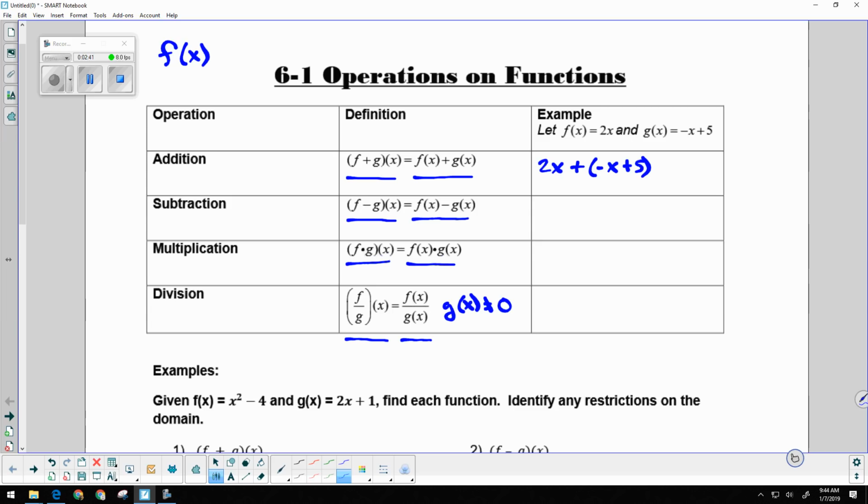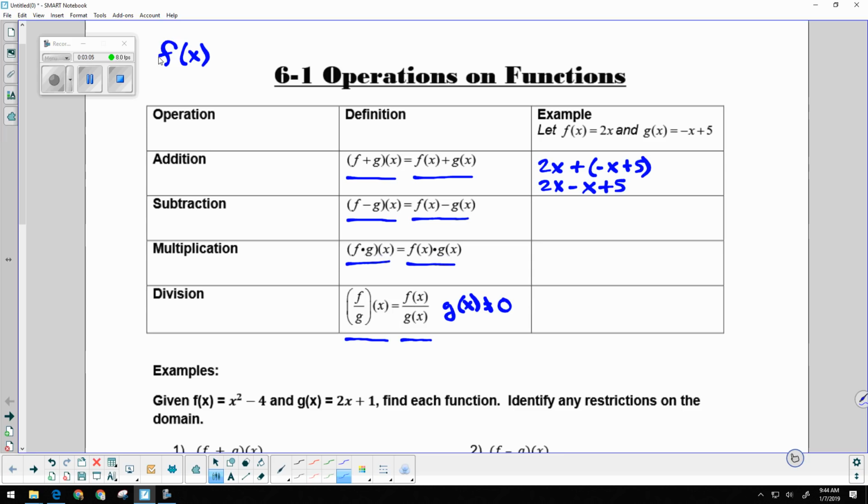I put it in parentheses first simply because I had a binomial, two terms, and I can show you what the two different functions are. When I go to actually simplify this, I'm going to drop the parentheses. Plus a negative is minus, and it's going to look like that.